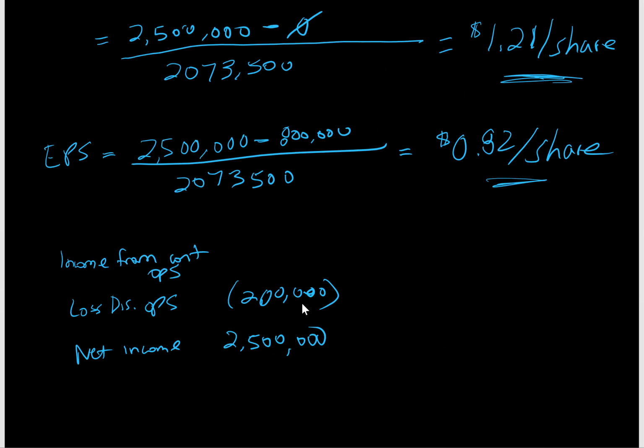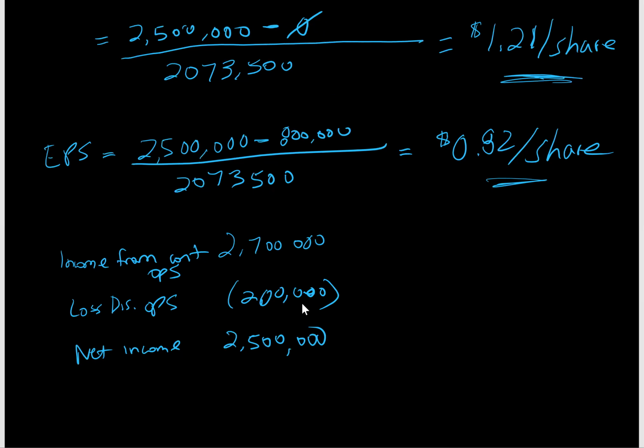This is important terminology that will be used in the financials. Of course, I'm abbreviating it here, but it's called income from continuing operations, loss from discontinued operations, and then net income. Well, we must have had to make more than 2.5 million if we can subtract 200,000 from it. So we would have had to make 2.7 million, because 2.7 million minus 200,000 is 2.5 million. So we're just solving for the unknown there.